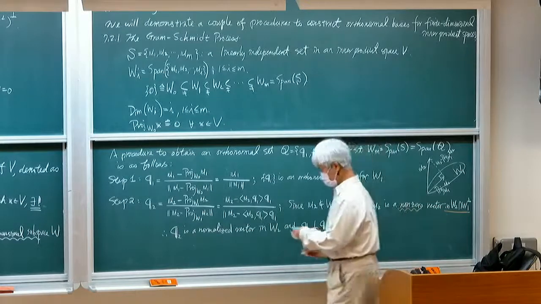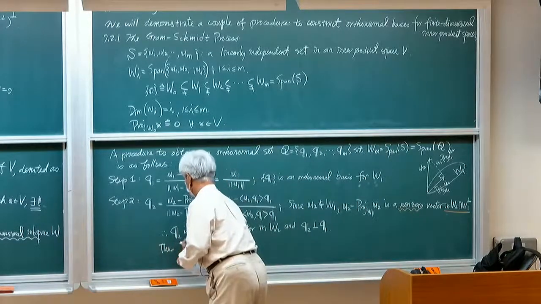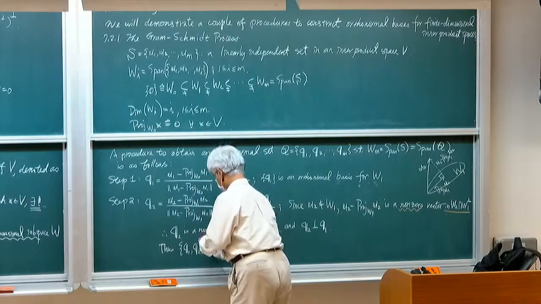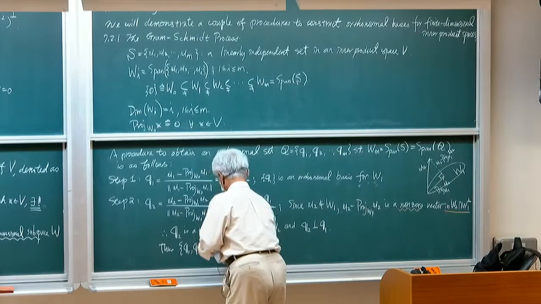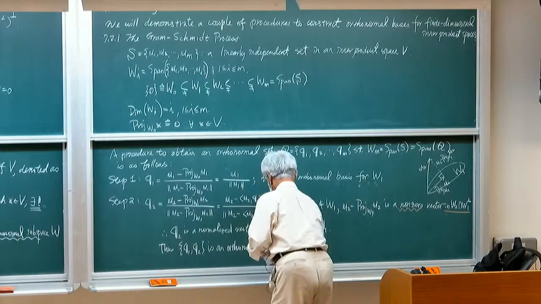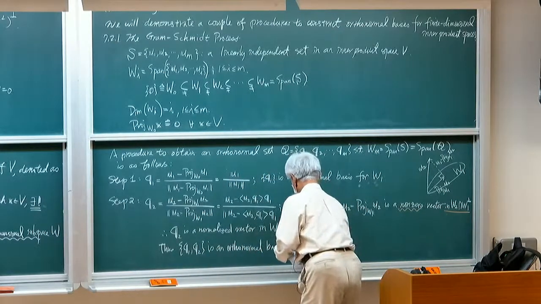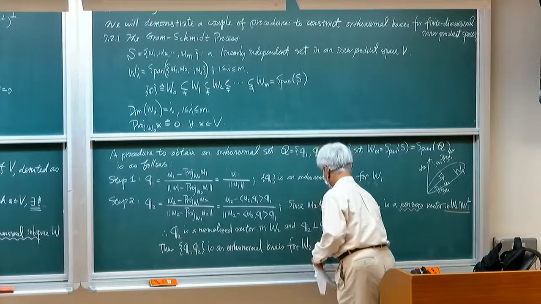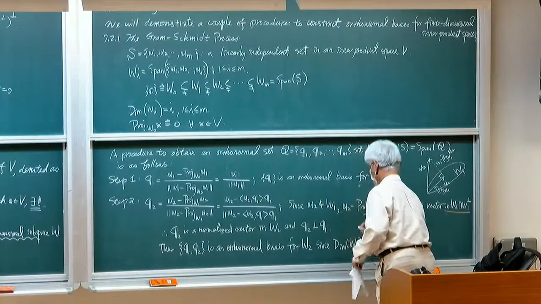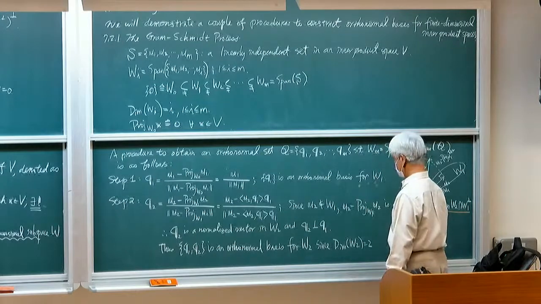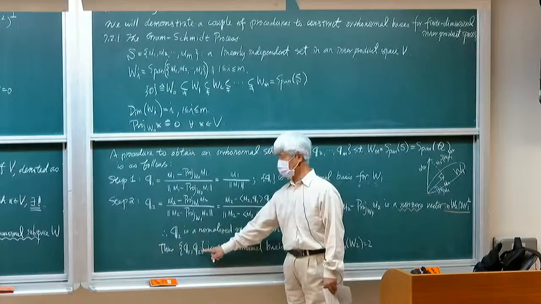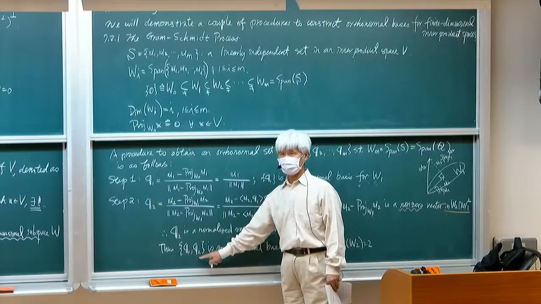So Q1, Q2 is an orthonormal basis for W2, since the dimension of W2 is 2. And orthonormality implies that this set is linearly independent.